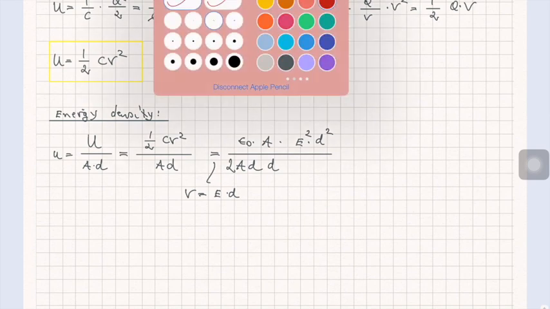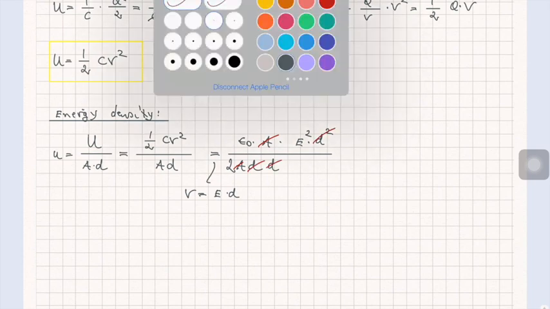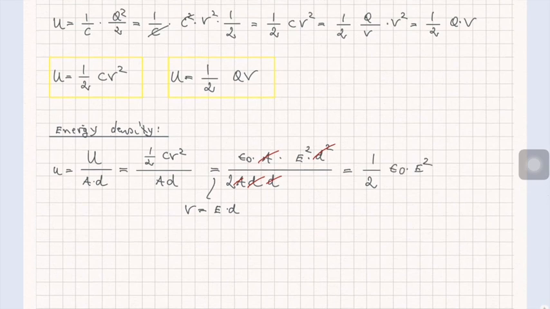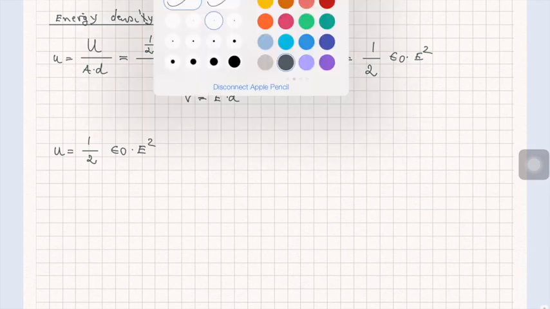So now we can simplify this quite a bit here. A cancels out, the D's cancel out, and you know what? Here you go. You have 1/2 epsilon naught times the electrical field squared. So that's a very important realization, that the energy density scale is entirely determined by the field squared.